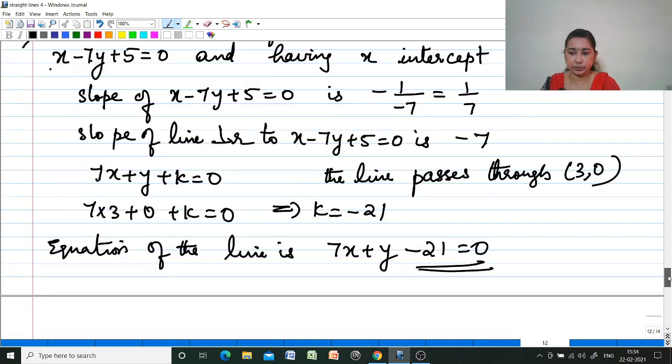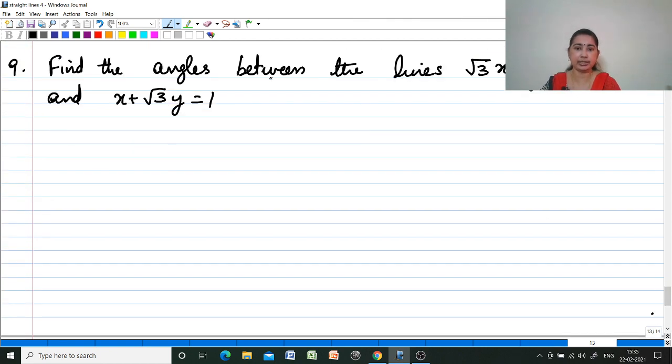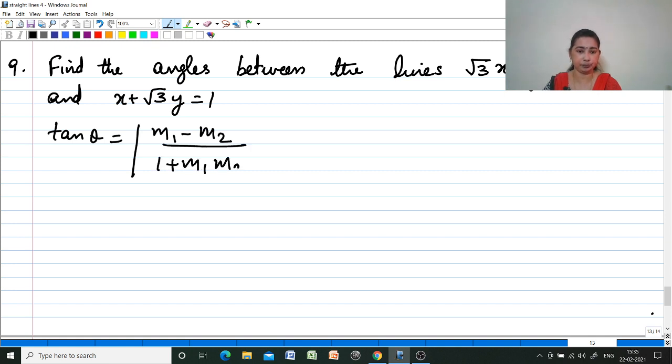Now next one, find the angles between the lines. How can you find out the angle between the lines? In order to find the angle between two lines, tan theta is equal to modulus of m1 minus m2 divided by 1 plus m1 into m2. From the first equation, we know the slope is minus a by b, that is minus coefficient of x by coefficient of y, that is minus root 3.